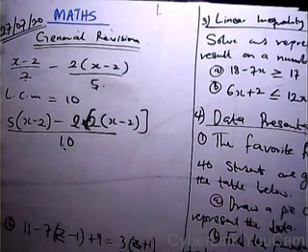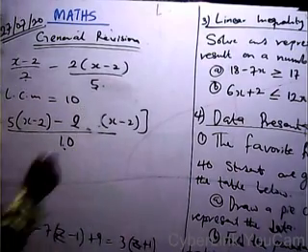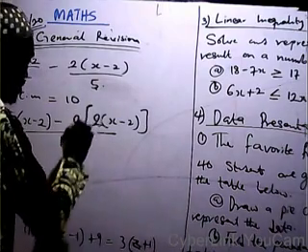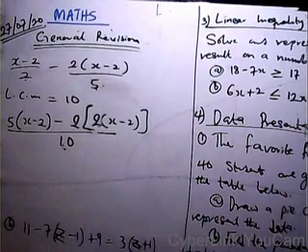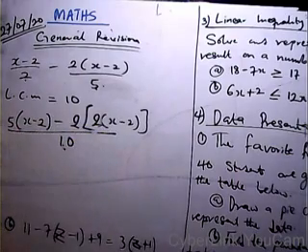Don't forget that you have that 2 outside before you do your division. Am I communicating? That means this 2 multiplies everything inside.